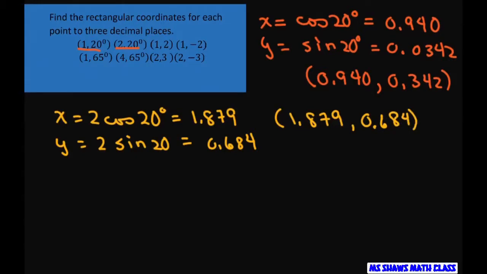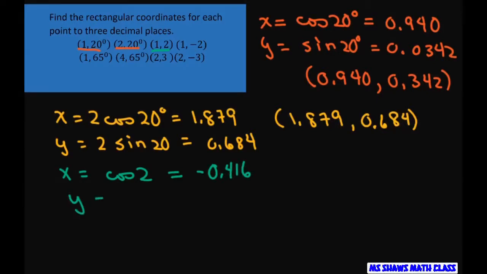All right, and the next one, we have x equals cosine of 2. Now on this one, you have to be careful because you need to change your mode from degrees to radians. If you change your mode to radians, you should get negative 0.416.